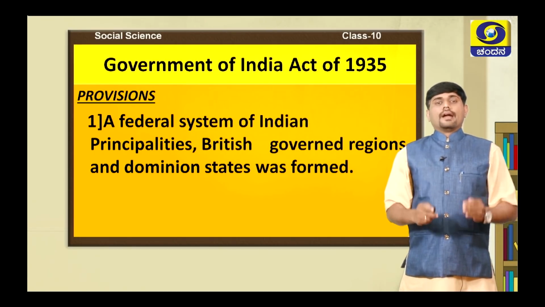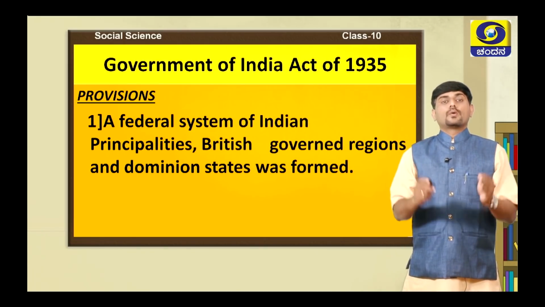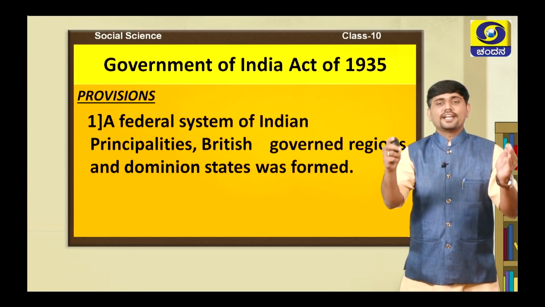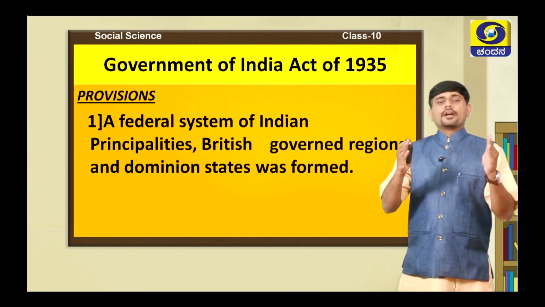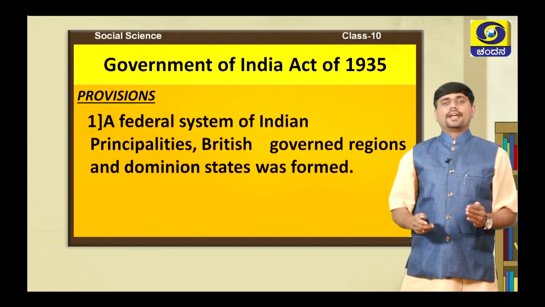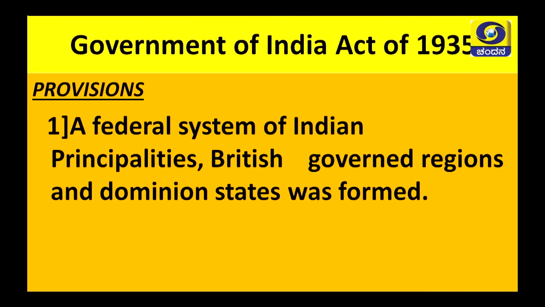In fact, the Nehru Report, which was submitted in 1928, was instrumental in the implementation of the Act. The Government of India Act 1935 fully allowed Indians to form a responsible government. Therefore, it has been considered to have wider acceptance in India.